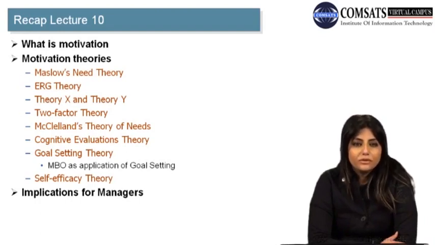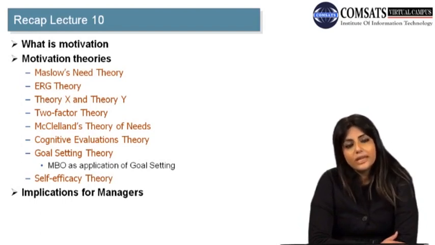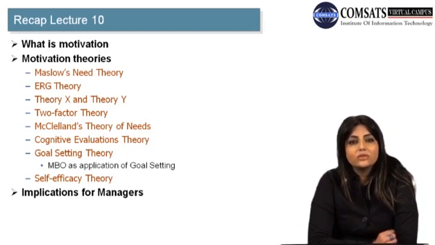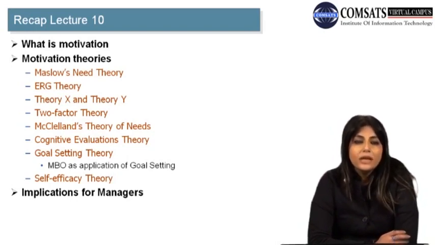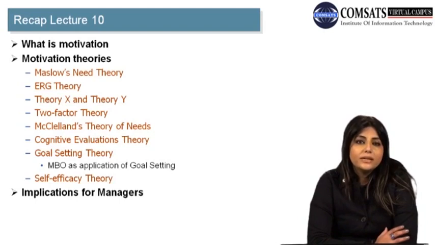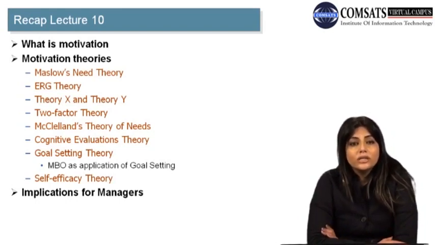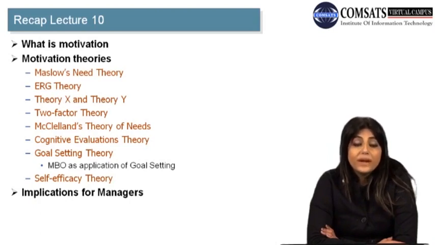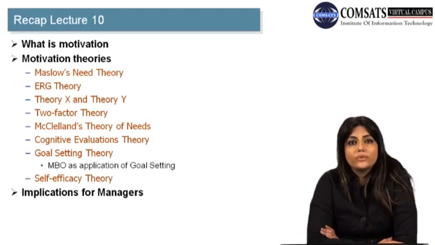So starting off with Maslow's need theory, we discussed how this theory emphasizes a strict hierarchy of needs, and the theory categorizes the needs of the individuals into 5 categories, right? Starting off with the physiological needs and ending up at the need for self-actualization, which are the growth needs of the individual.